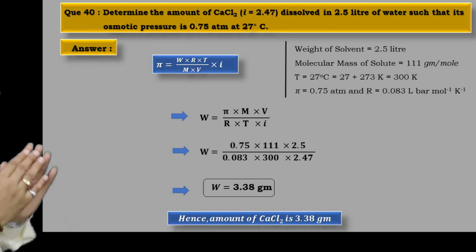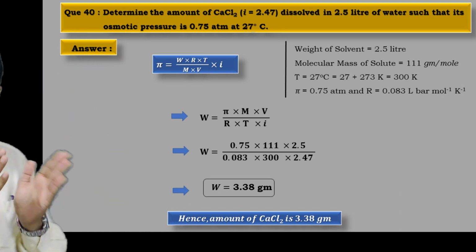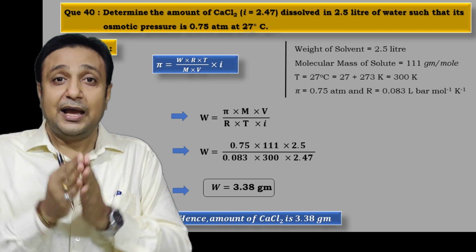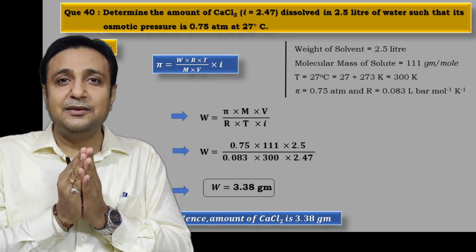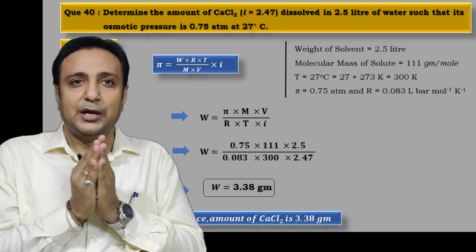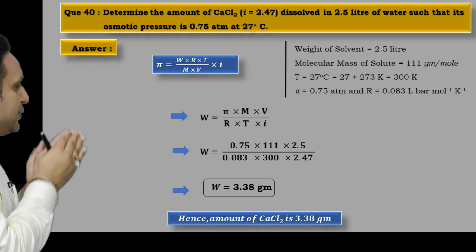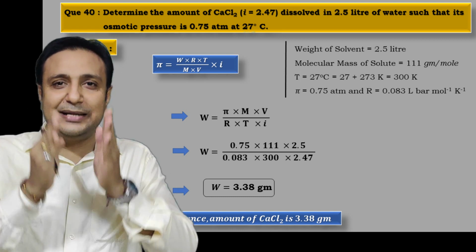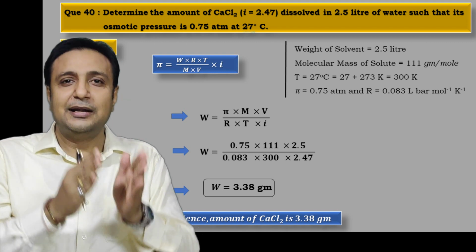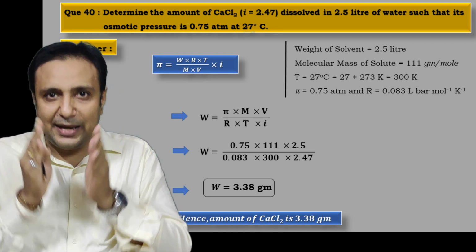So use the formula of osmotic pressure pi. Pi is equal to WRT divided by MV multiplied by i. They have given the value of i, it is 2.47. So make W the subject. So W is equal to pi multiplied by capital M multiplied by capital V divided by R multiplied by T multiplied by i.